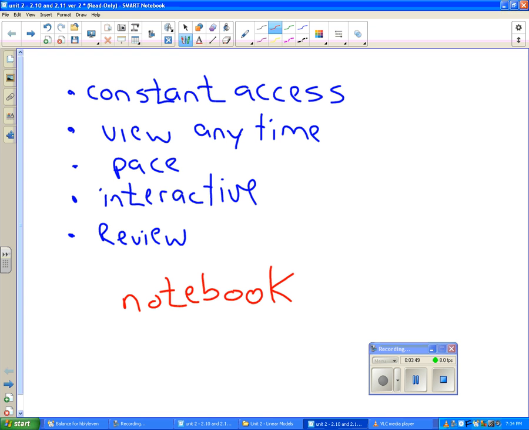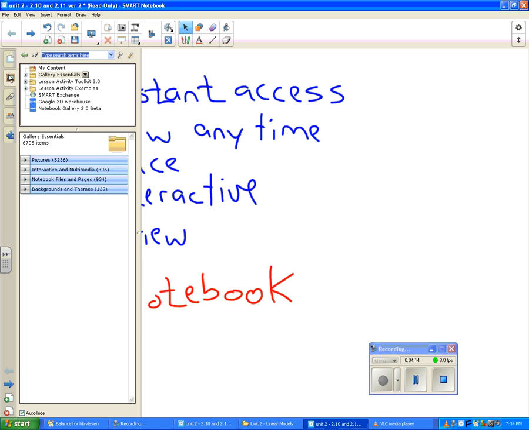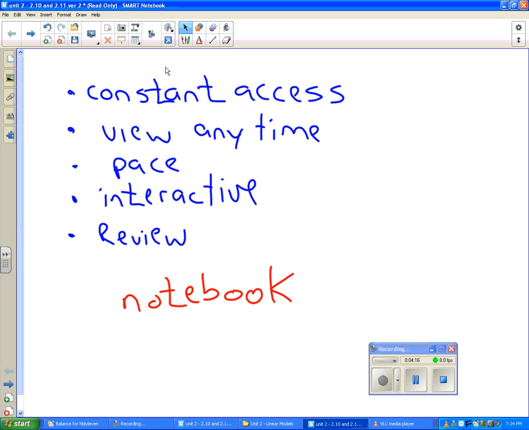What I like about the smart notebook is that I can plug in my headset, plug in my microphone, and I can record a video. Anything that I say, anything that I draw, any of the files that I open, or the things that I touch on my board, my students will see. It gets recorded into a video.